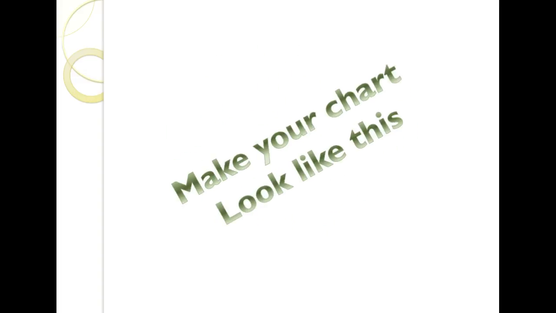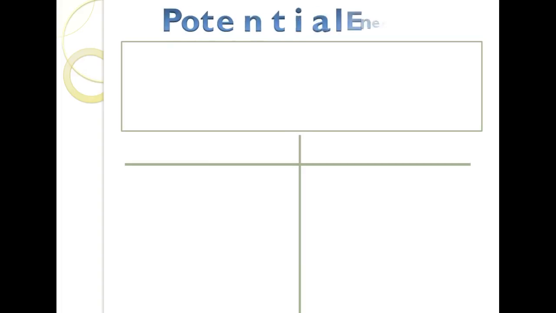And we want it to look like this. The box at the top needs to be about 5 lines high. We're going to write 5 things, and each of them should fit on a line. The T-chart underneath should go the rest of the length of the page. At the top, put potential energy.